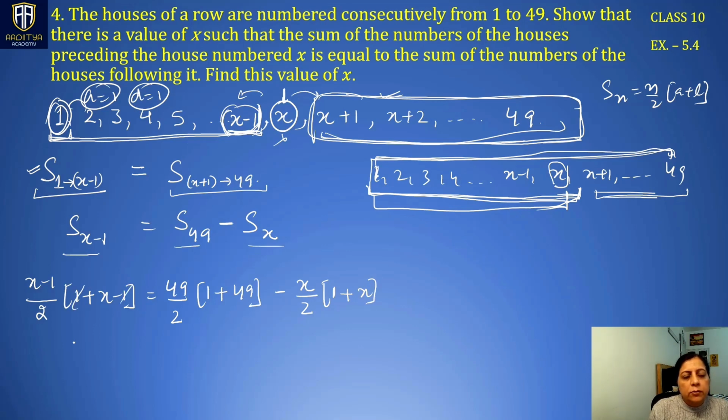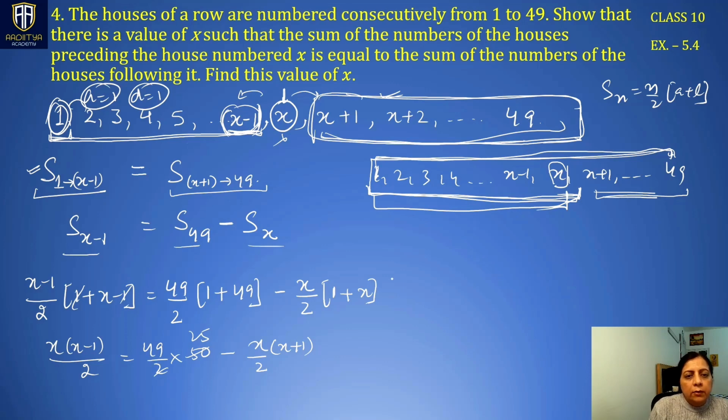1 minus 1 is reduced. So we have x into x minus 1 by 2. This is 49 by 2 multiplied by 50, minus x by 2 into x plus 1. This is 25. Right.